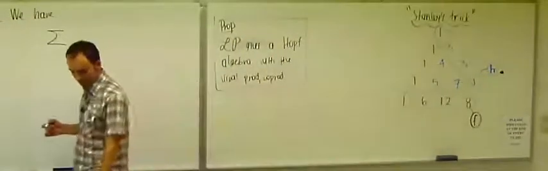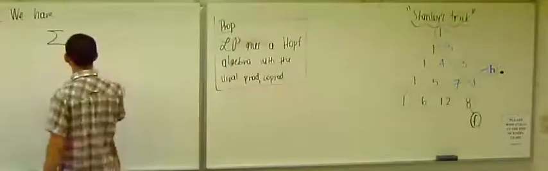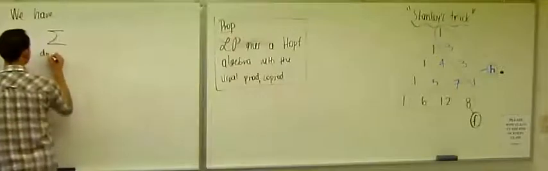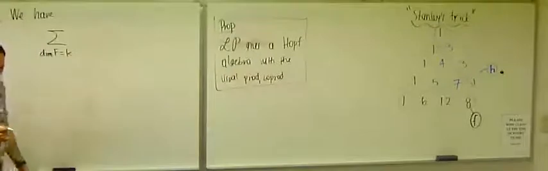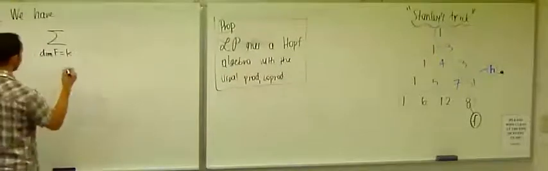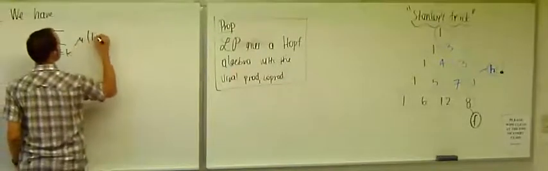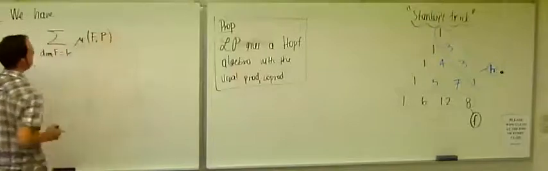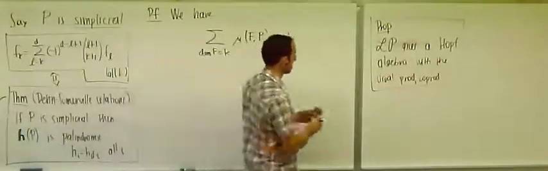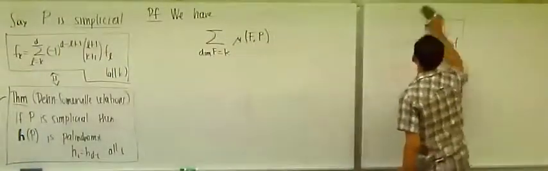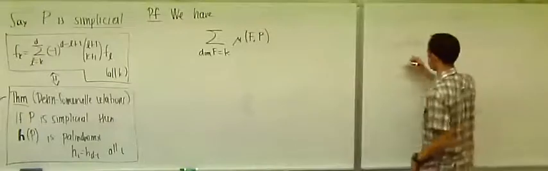And I'm going to imagine that I sum all these numbers. So maybe I'll at least draw a schematic picture of the poset so that we can keep track of what we're doing.